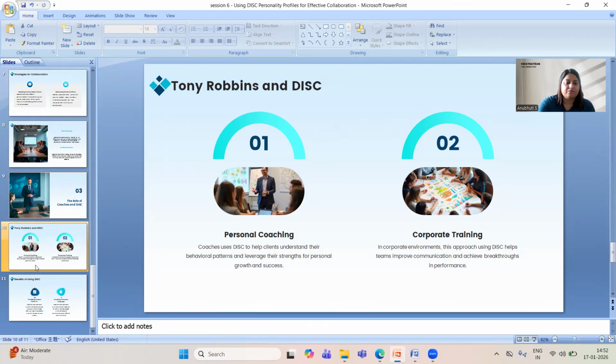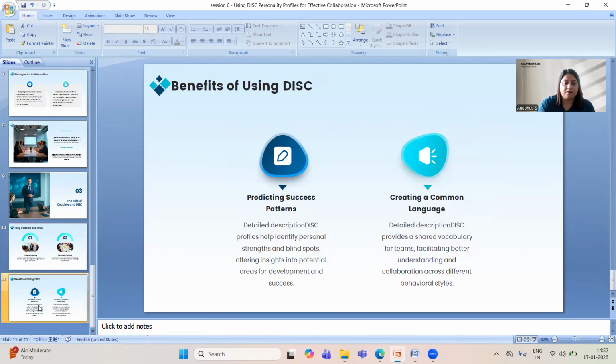And finally, the final benefit of using DISC is predictable success patterns. DISC profiles help to identify personal strengths and blind spots, offering insights into potential areas for development and success. And it creates a common language. It provides a shared vocabulary for the team, facilitating better understanding and collaboration across different behavioral styles.